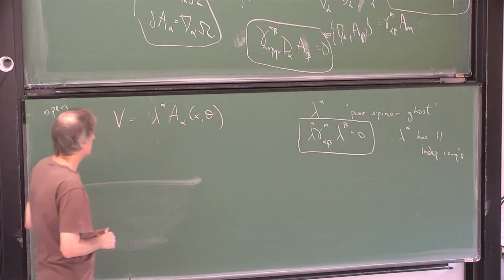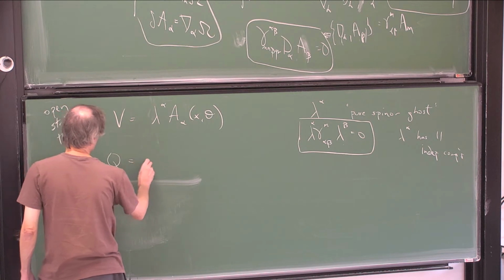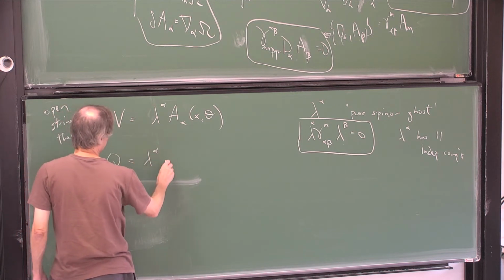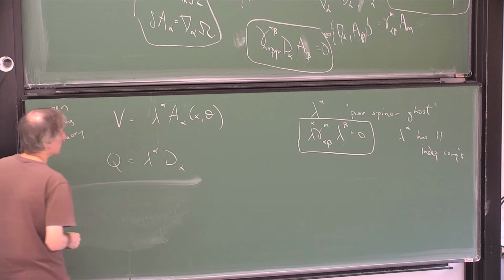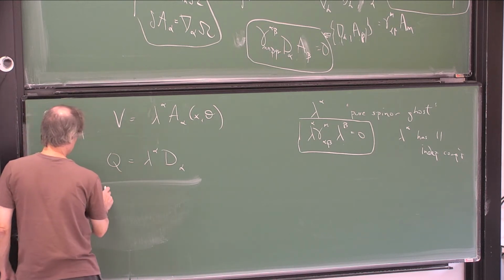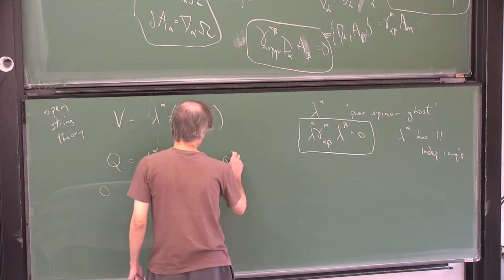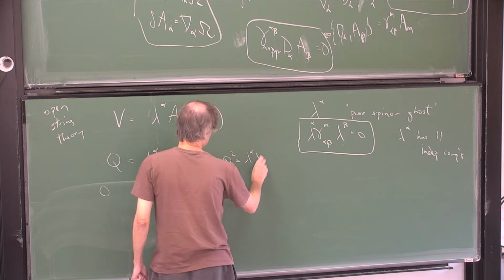But the reason why we're going to do this is because now we're going to define Q to be equal to lambda alpha d alpha. So what that means is that QV equals 0. So this is nilpotent. Q squared is going to be lambda alpha lambda beta.